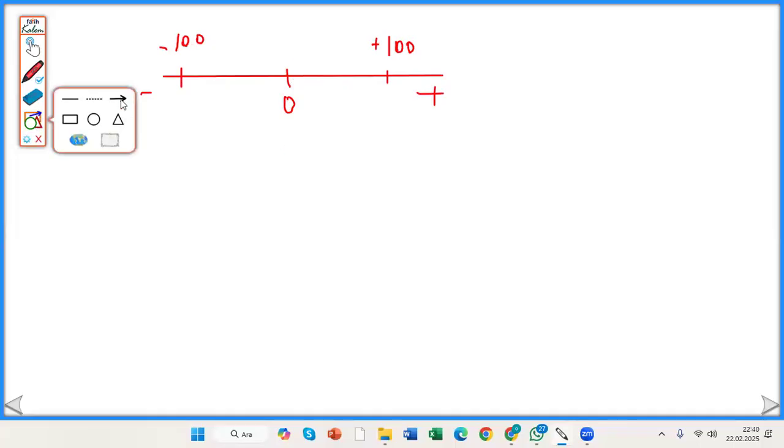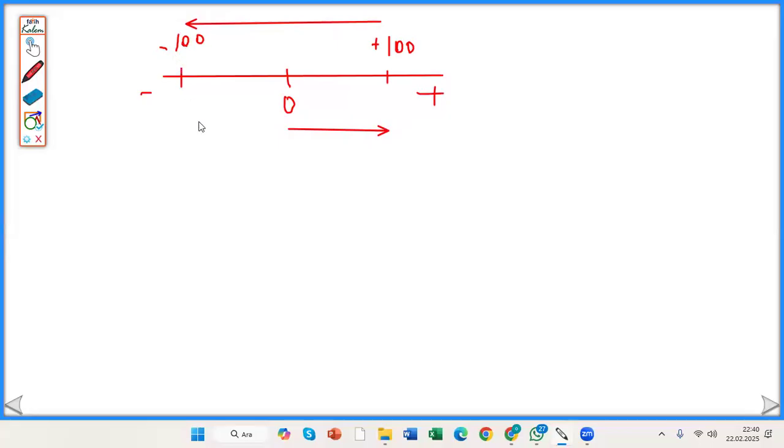Assume that with constant velocity this is our first trip, this is our second trip, and finally we come back. Let's analyze each motion, and let's remember velocity is constant during the motion.